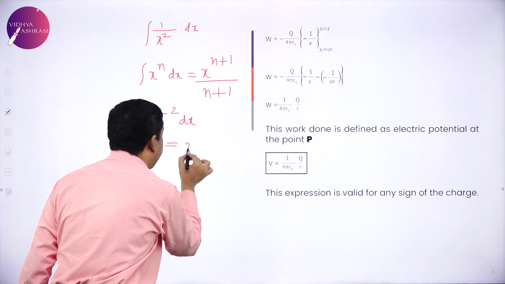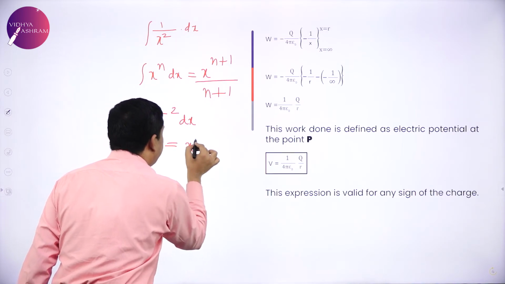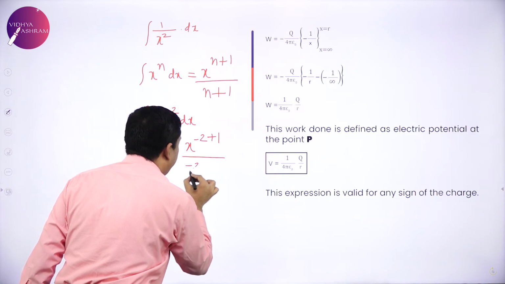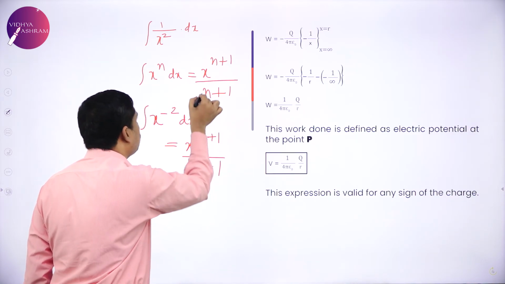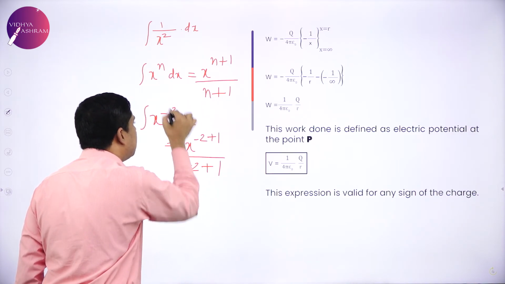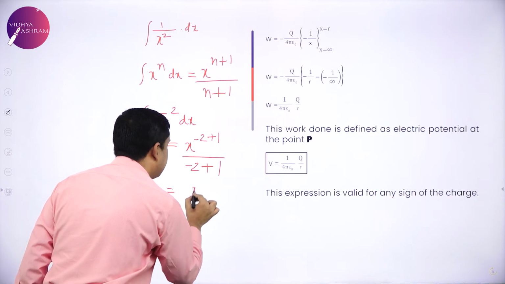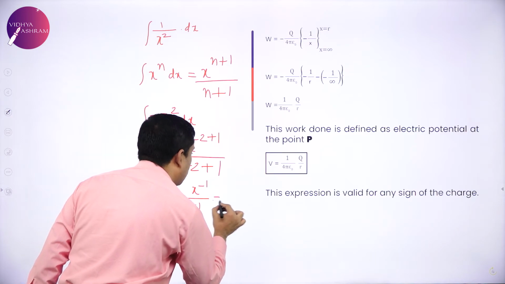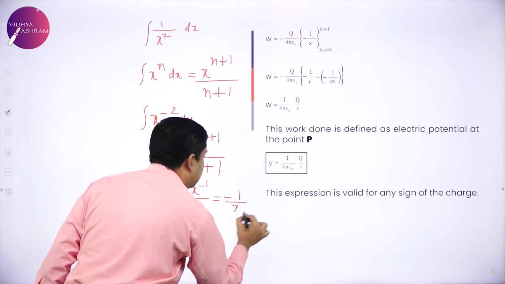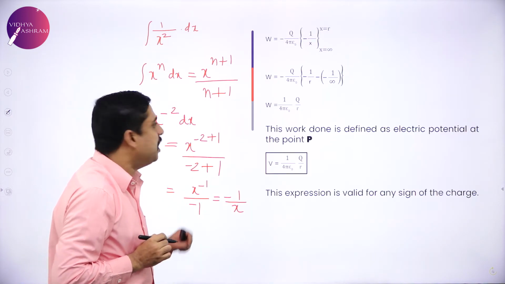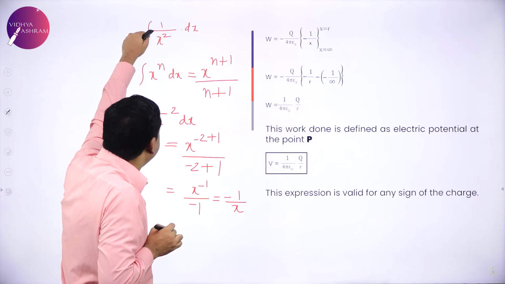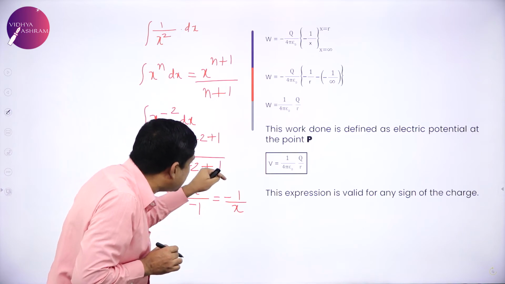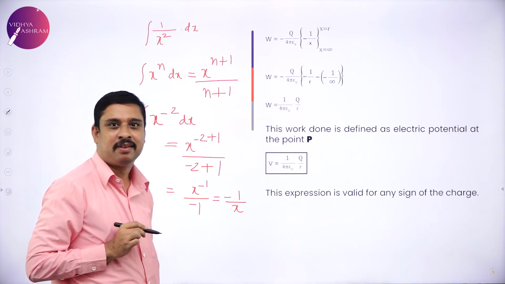And this is x to the power n plus 1, where n is the power, minus 2, so x to the power minus 2 plus 1, divided by minus 2 plus 1, or x to the power minus 1 divided by minus 1, which is minus 1 by x. So what is the integral value of 1 by x square dx? It is minus 1 by x.